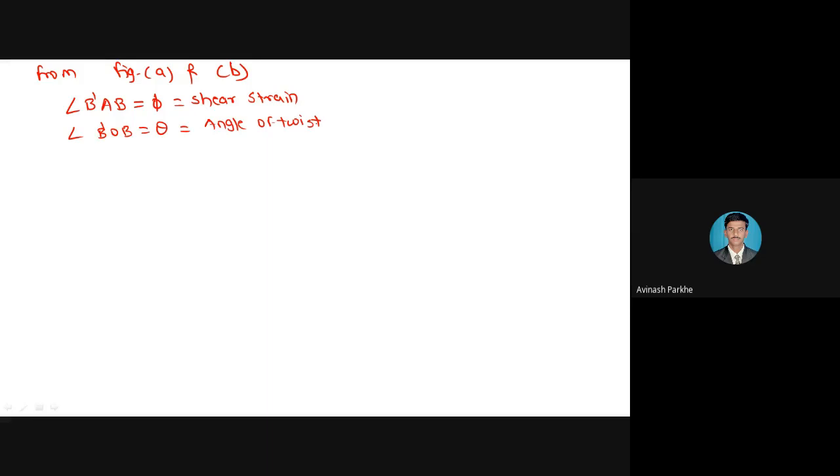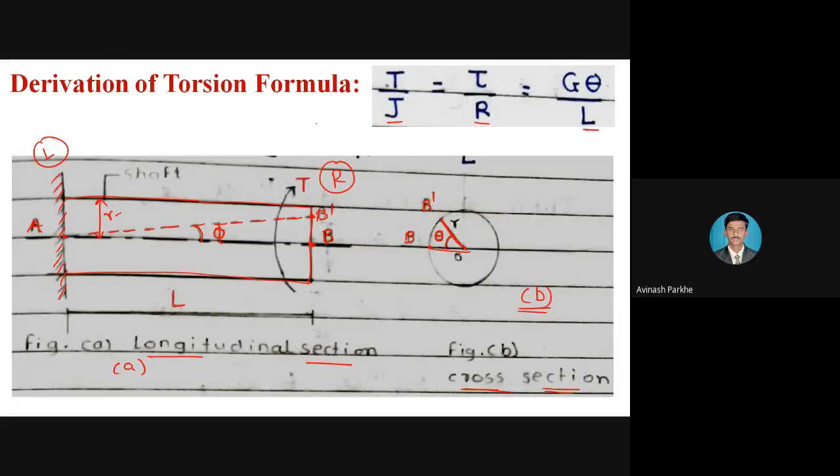That means phi is called the shear strain, and theta is called the angle of twist, or the twisting movement. So these two angles we have written from this particular figure.